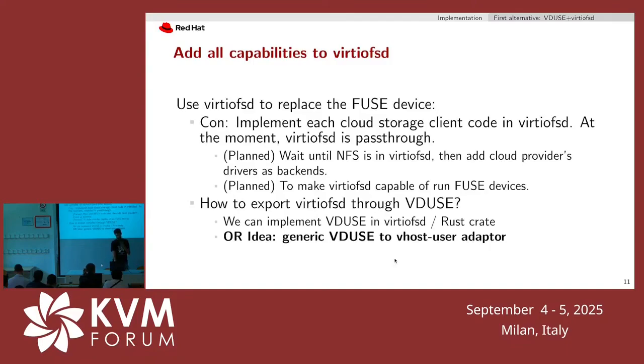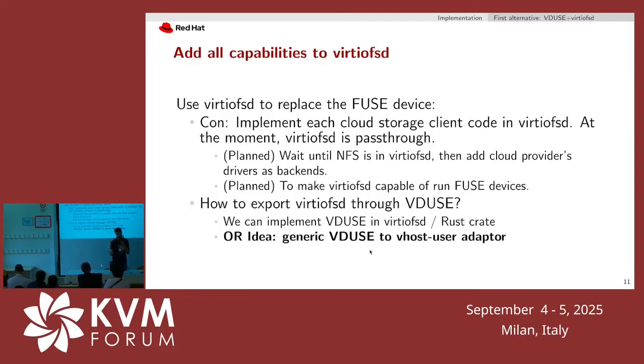To do it, we could implement each cloud storage, Amazon, Azure, etc., in virtiofsd, but this is a little bit tedious. At this moment, it's planned that NFS will get integrated, so we could add all of that code as a backend, or we can make virtiofsd able to run actual FUSE devices, which are already in the wild. But this is, again, something planned.